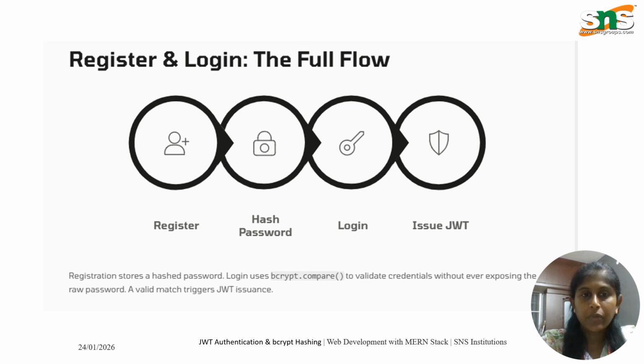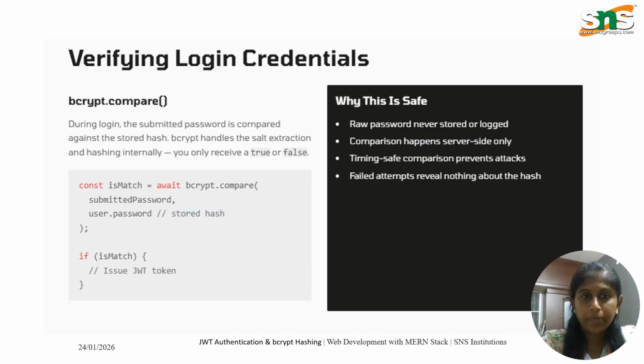Here it shows clearly the complete authentication flow. Step 1 registration, step 2 password encryption, step 3 login, step 4 JWT generation. The entire process ensures both secure password storage and secure authentication. Now we are going to explain how login verification works. When a user enters login credentials, the server first searches for the user account in the database.